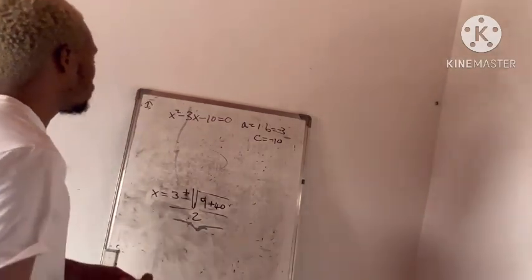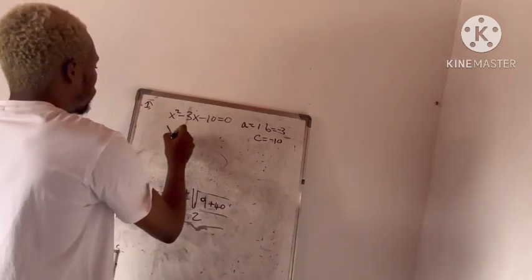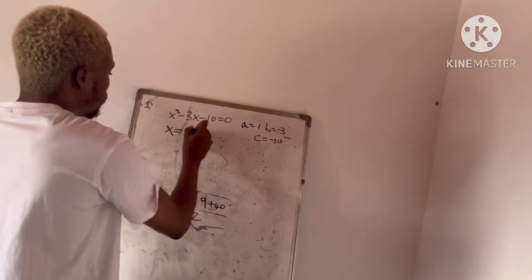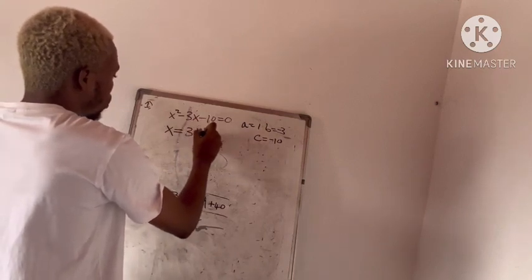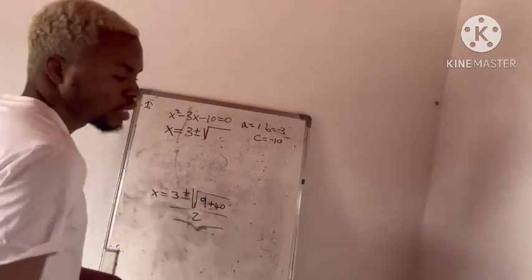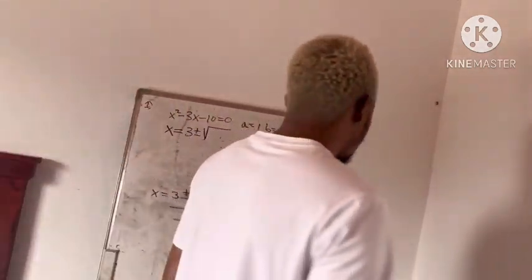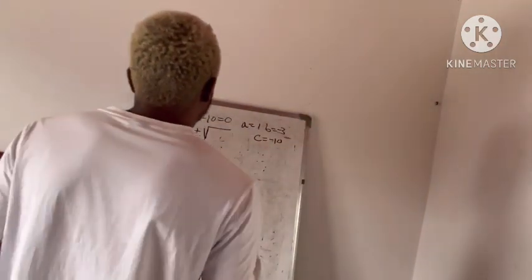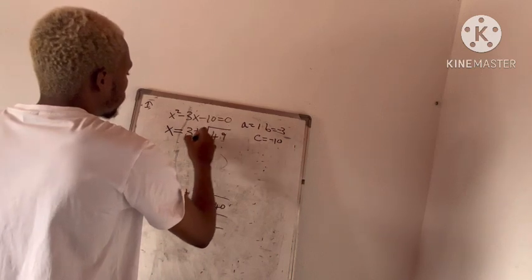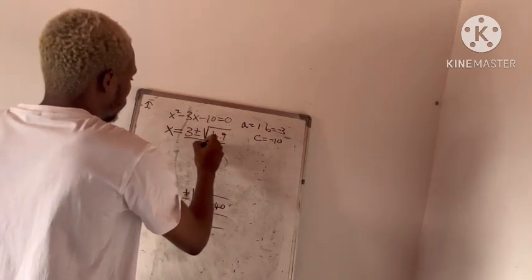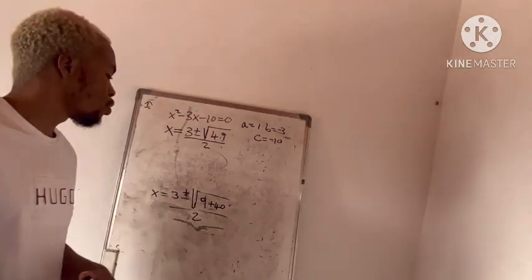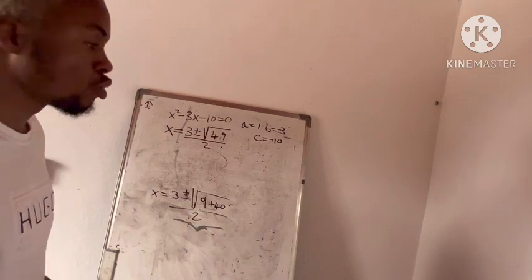Here you have x equal to 3 plus or minus the square root of, what's 9 plus 40? 9 plus 40 is 49. So you have 49, all this divided by 2.